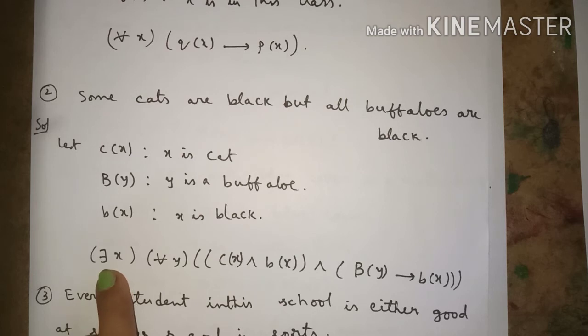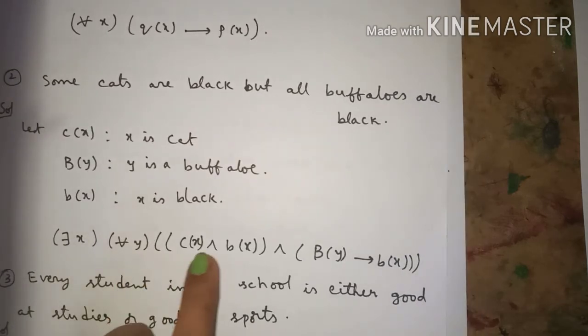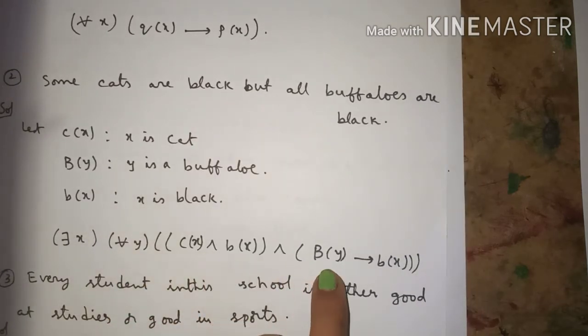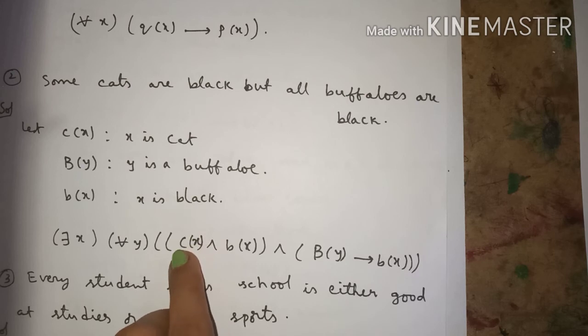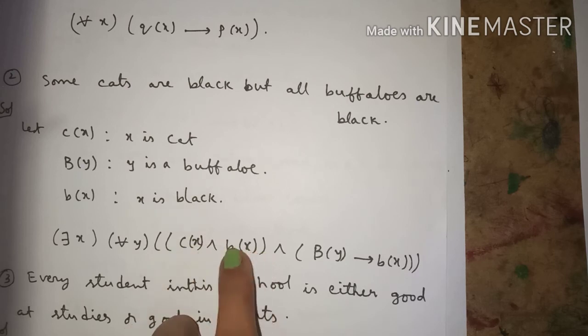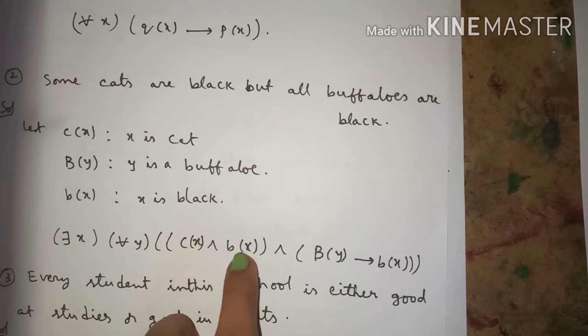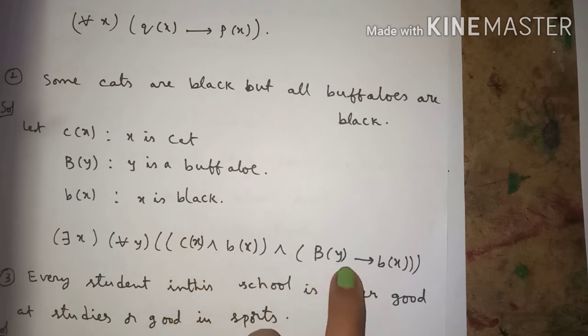There exists at least one x, for every y, C of x and B of x, and if B of y, then B of x. The meaning: there exists at least one x such that x is a cat and x is black, and for every y, if y is a buffalo, then y is black. Like that we can symbolize this one.